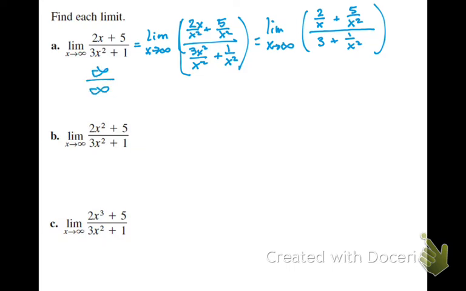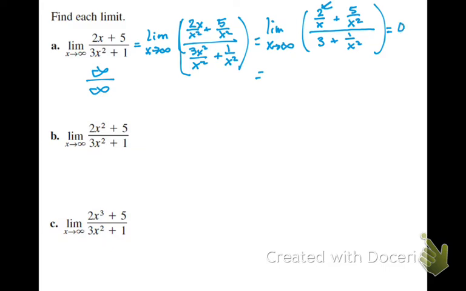Now what's 2 over x going to be? 2 over infinity is... 2 divided by an obnoxiously huge number is 0.